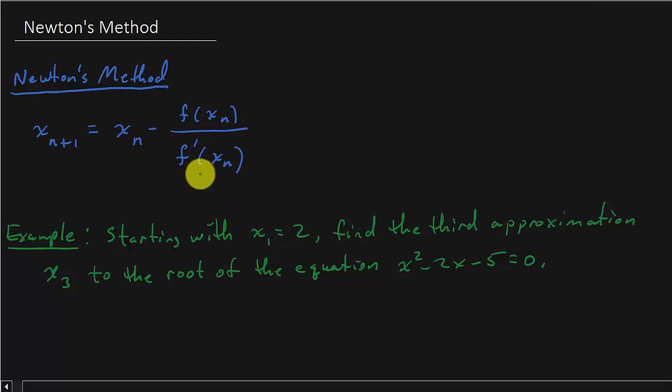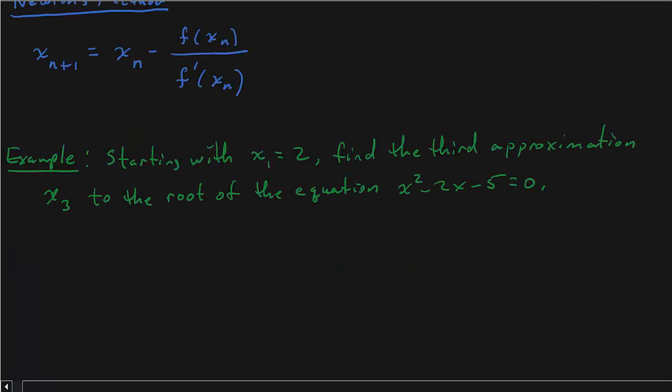Or if you make an initial guess that's not a very good guess, you want it to be kind of close to the answer. For the most part, I have a feeling your teacher is going to tell you the initial guess, because I'm sure they don't want to grade papers where everybody's making different initial guesses. So let's go ahead and get started.